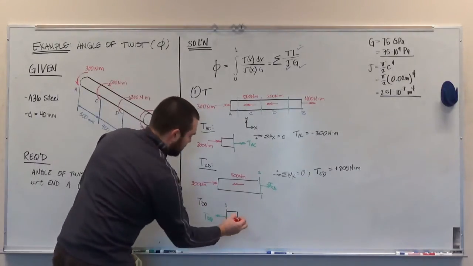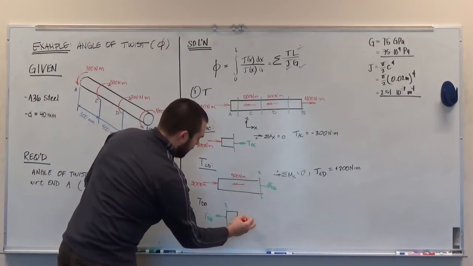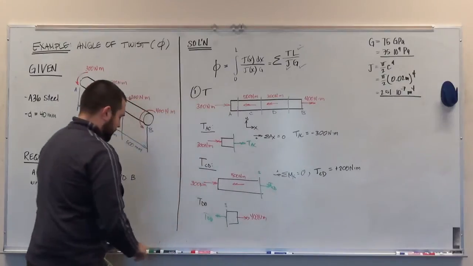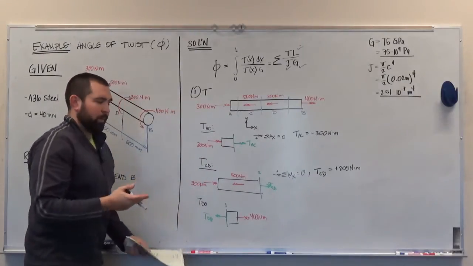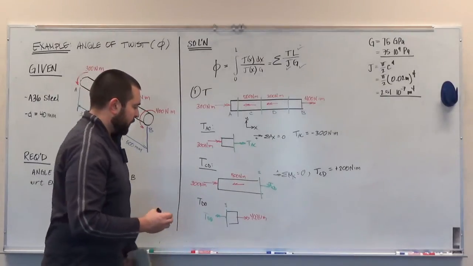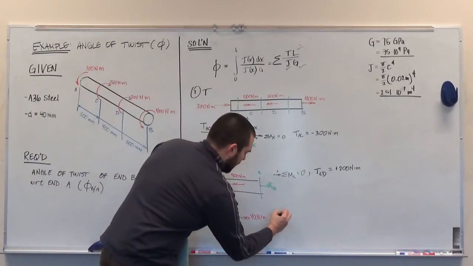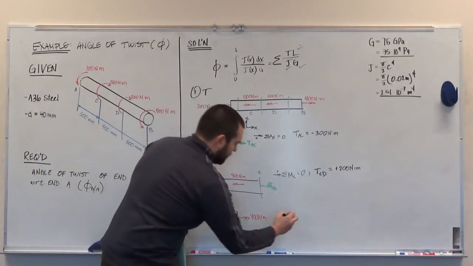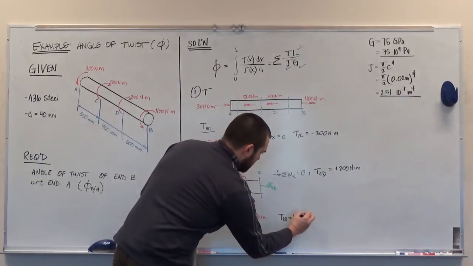And I'll still have my externally applied torque of 400 Newton meters pointed to the right. Just going to sum up the moments in the x direction, set them equal to 0, and I'll be able to solve for T_DB. And I will get that the torque between D and B is equal to positive 400 Newton meters.